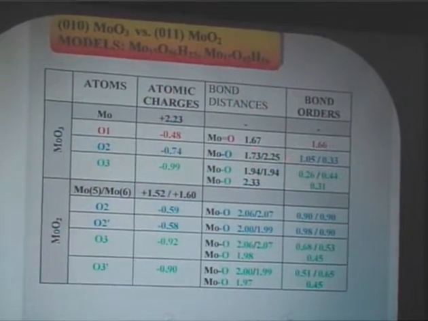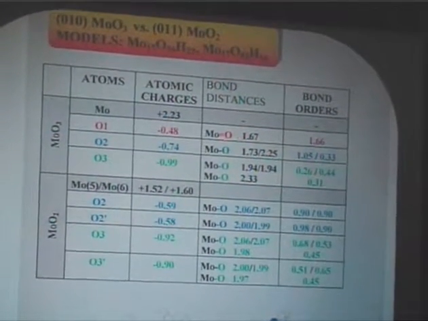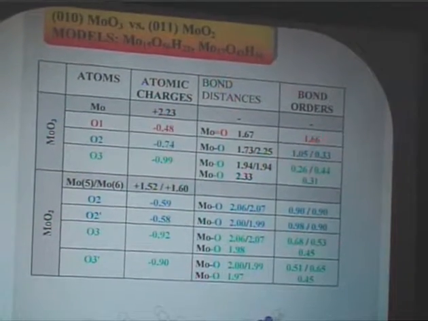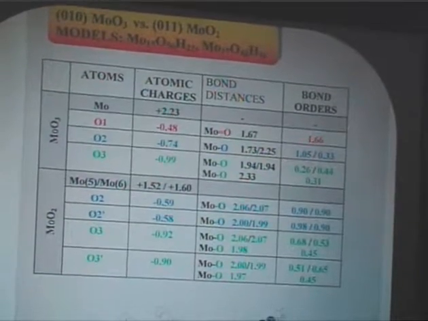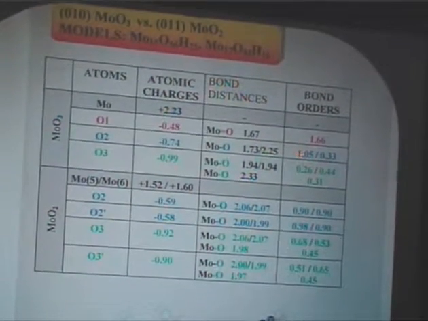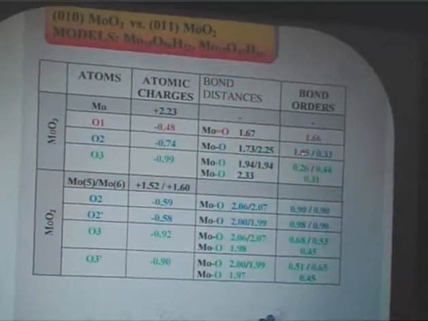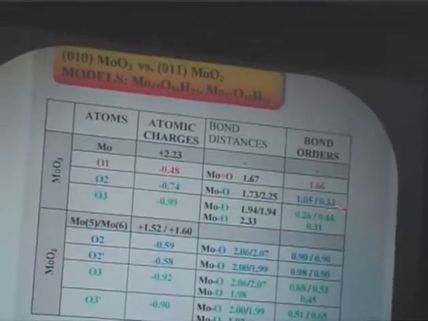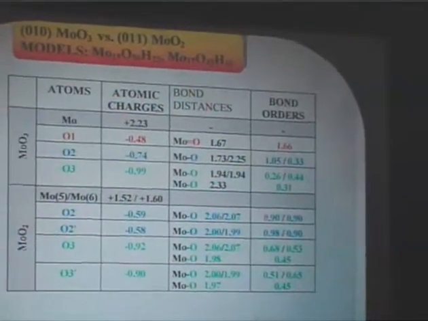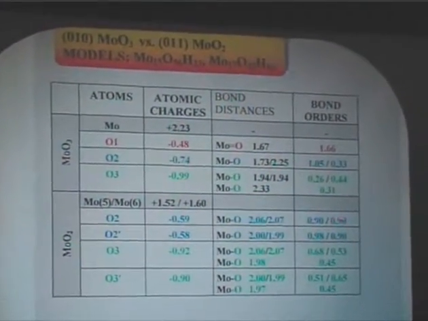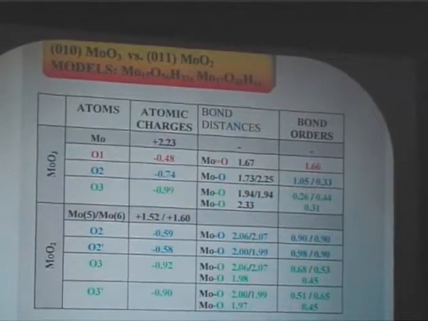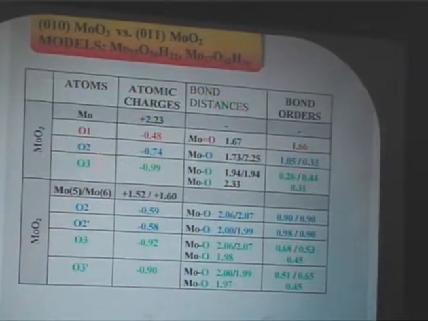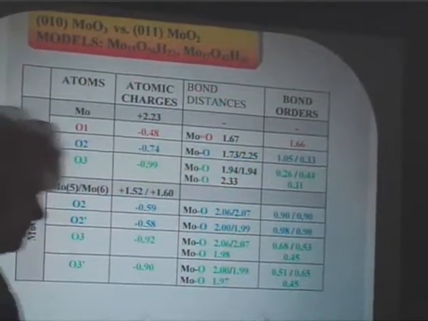For example, in the case of the molybdenum oxygen bond, this bond, which is very short, is something between a single and double bond, 1.5. In the case of bridging oxygen, very asymmetric oxygen, we have one bond which is about a single bond, and a second which is very weak, in contrast to molybdenum dioxide, where we have almost two single bonds. And we have these three very weak bonds which bind the triply coordinated oxygen.